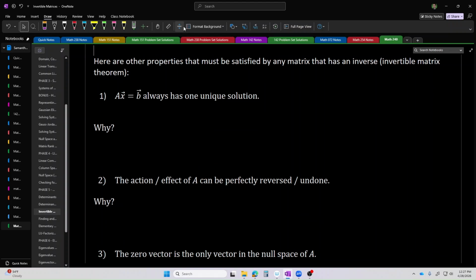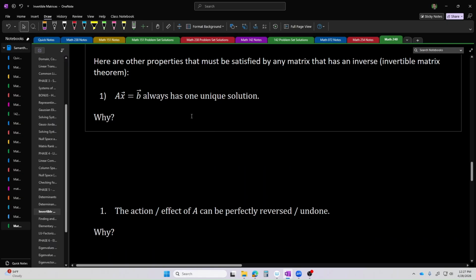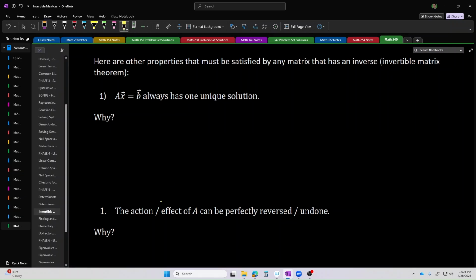The first condition that must be satisfied if you're dealing with a matrix A that actually is invertible is that when you solve matrix equations involving that matrix A, those matrix equations always have one unique solution. And the reason is that it forces the solution to this equation to be exactly A inverse times b.